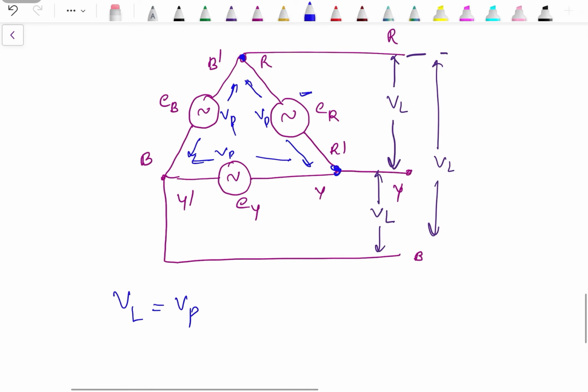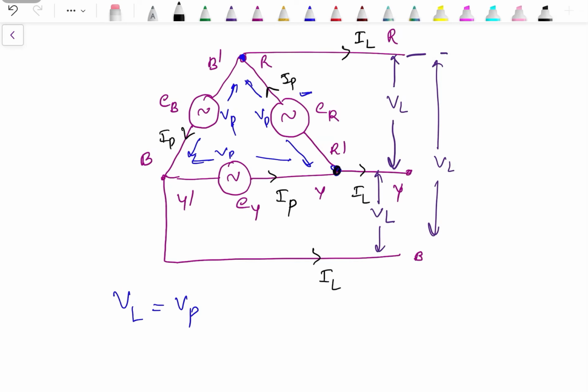But if we look at the phase current and line current, the phase current is from R dash to R, it's IP. Y dash to Y, IP. B dash to B, IP. The current which is flowing in line R is IL, through Y is IL, through B it's IL.